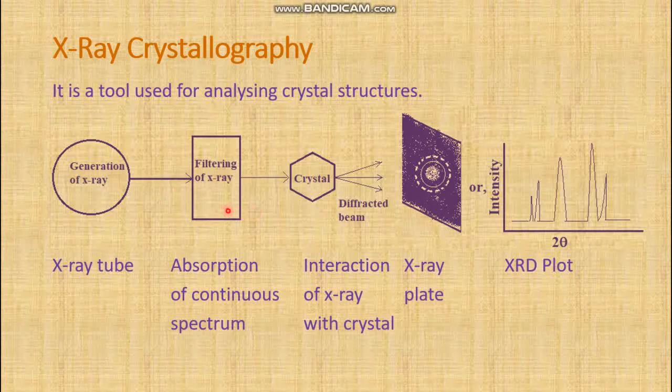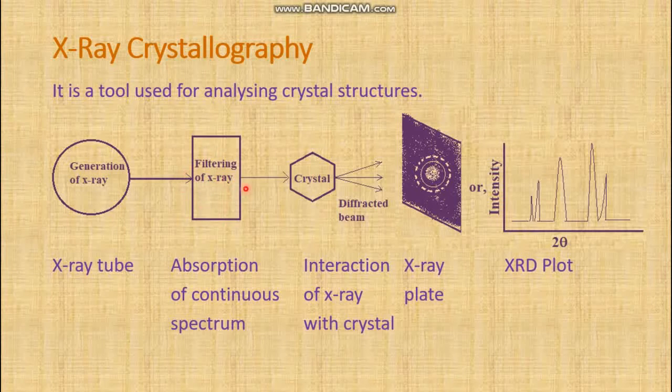So all X-rays of different wavelengths cannot be used. Only a monochromatic X-ray beam is required, which is known as the characteristic X-ray or the colored X-ray. That is why the higher energy or shorter wavelength X-rays, which are known as the white X-rays, are to be absorbed by some filtering metals.